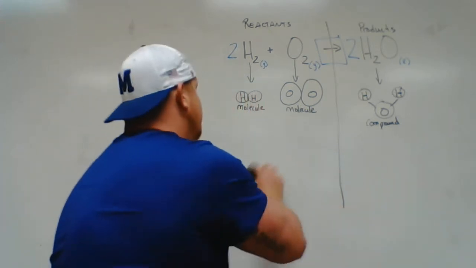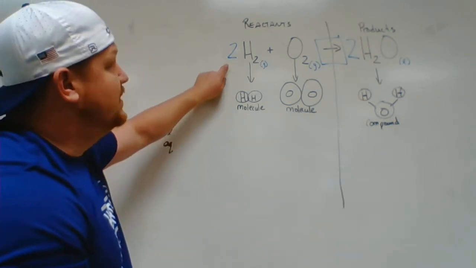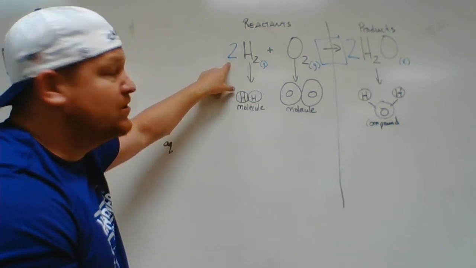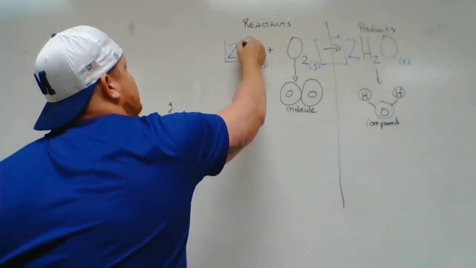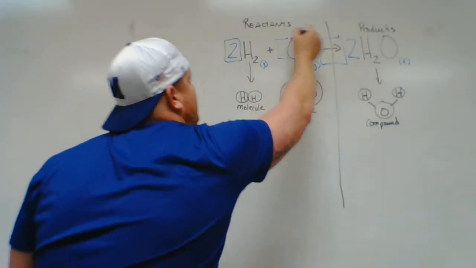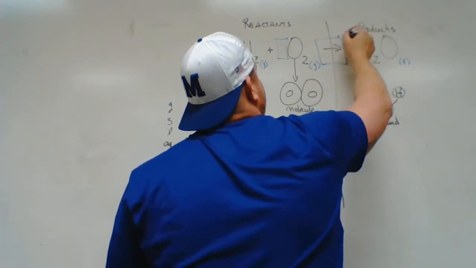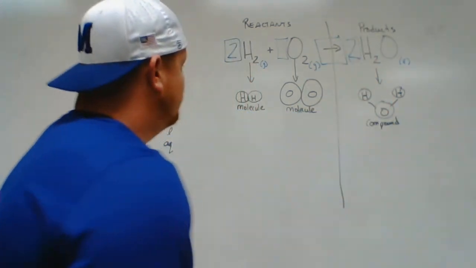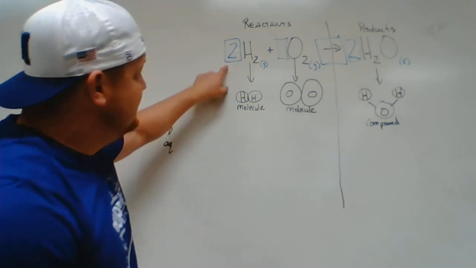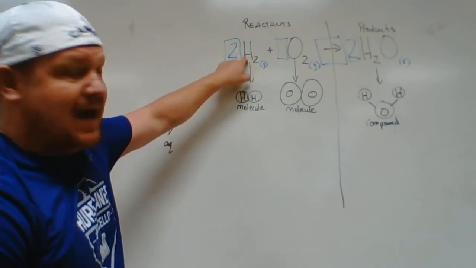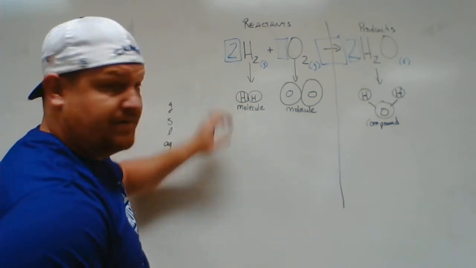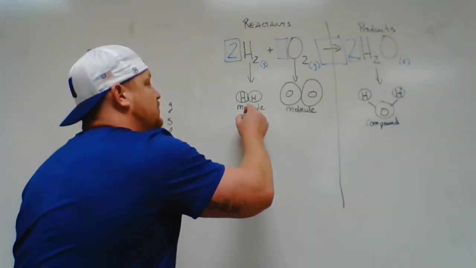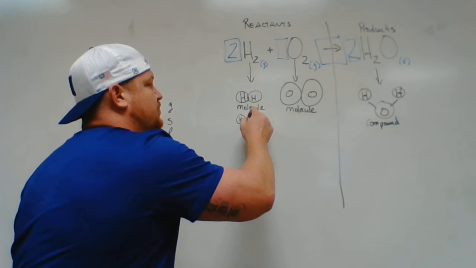So that's when these numbers come in here. All right, these are coefficients. You could put a coefficient in front of the molecule, right? So what this does, this 2 means I have two hydrogen molecules. So I don't just have one of these, I have two of these. Okay.